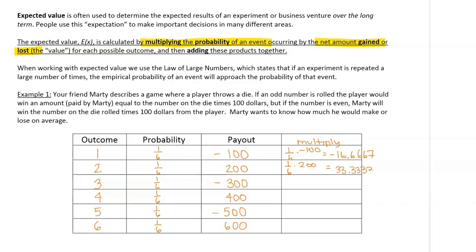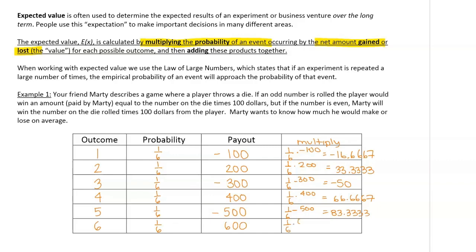Then the next row, I have 1/6 times negative 300, that's negative 50. Next row, 1/6 times 400, that is going to be 66.6667. The fifth row is 1/6 times negative 500. That's going to be negative 83.3333.